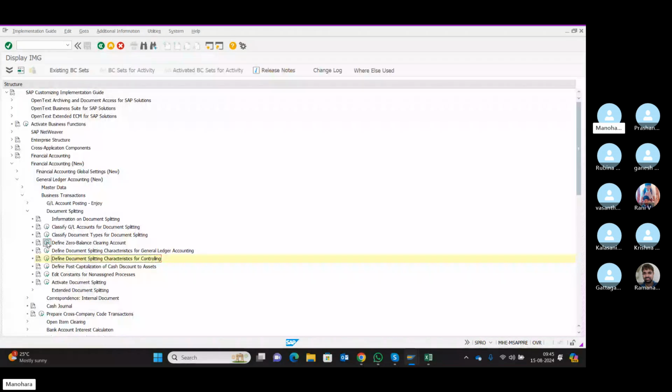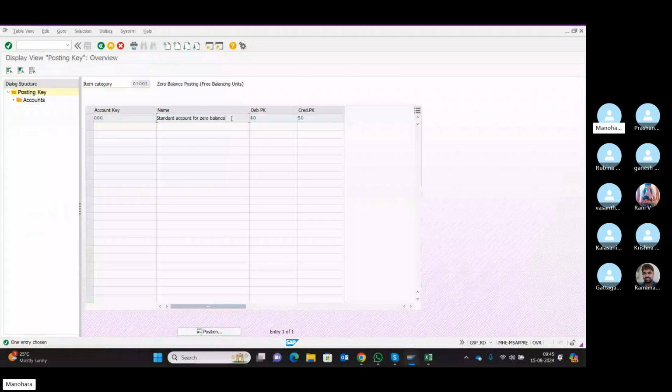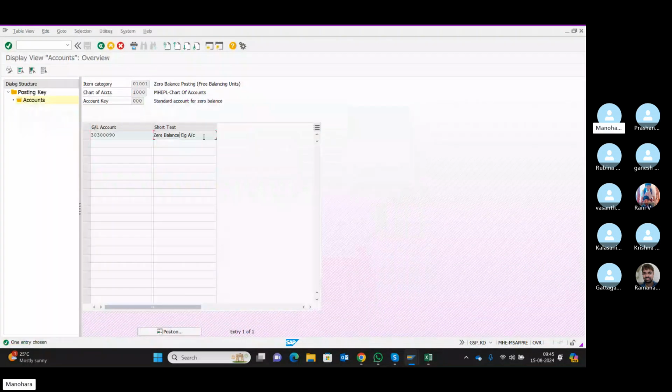And zero balance posting. The account increase 0001 is a standard key. Here we have to give one GL, the zero balance clearing account.